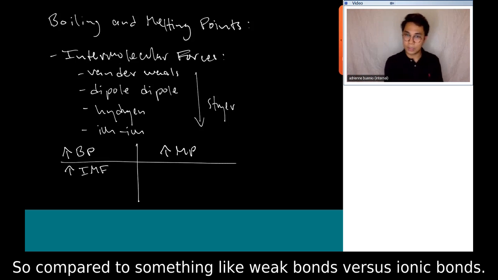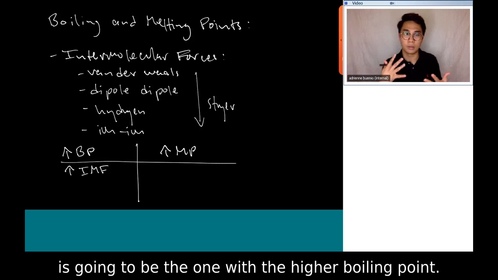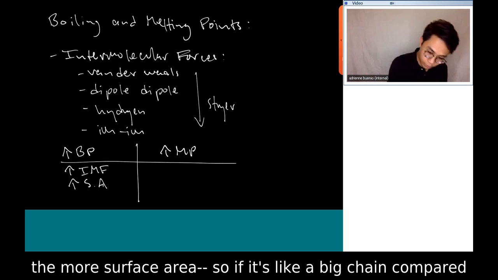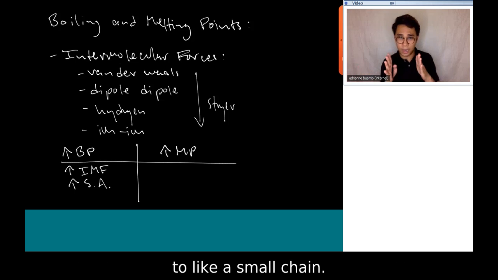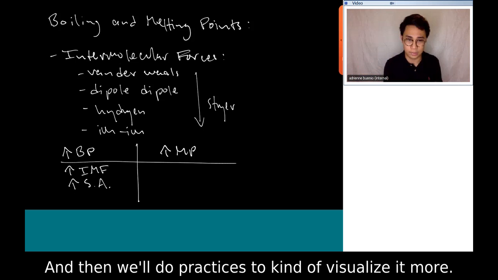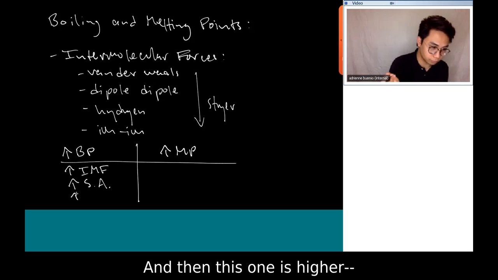So compared to something like weak bonds versus an ionic bond, obviously the one with the ionic bond is going to be the one with the higher boiling point, right? And then this one, the more surface area. So if it's a big chain compared to a small chain, you kind of see the surface area in that, and then we'll do practices to visualize it more. And then this one, higher polarizability.